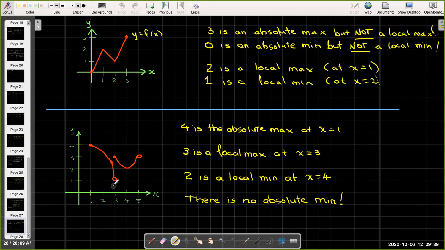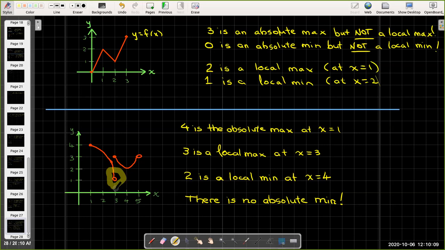Why is that? Well, the open circle down here is telling me that when we come from the left, even though the limit as x approaches 3 from the left is 1, there are always going to be numbers that get closer to 3 that get arbitrarily close to 1 but never equal 1.